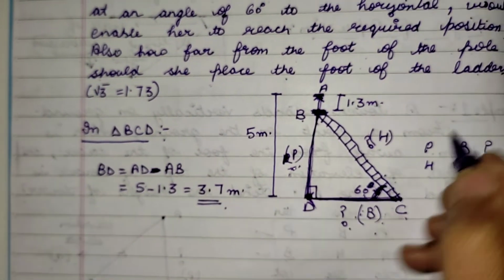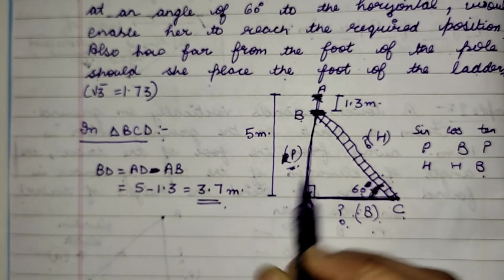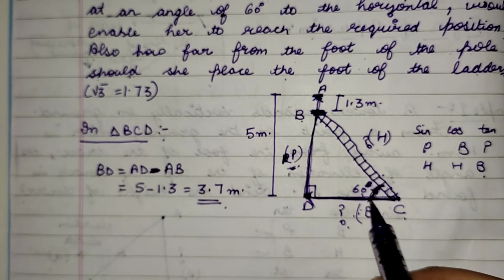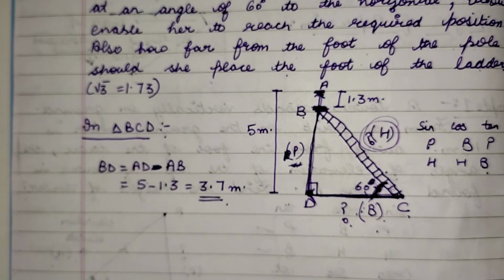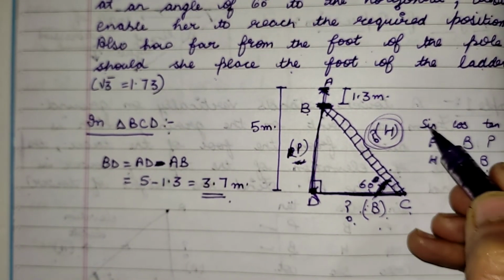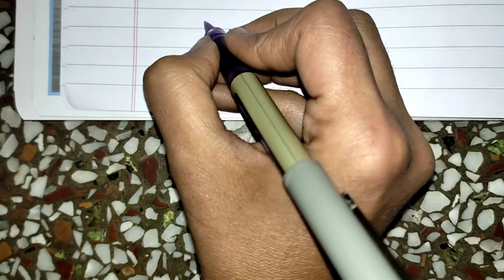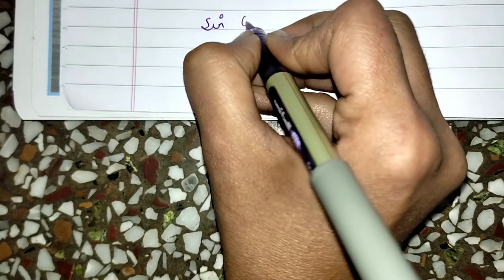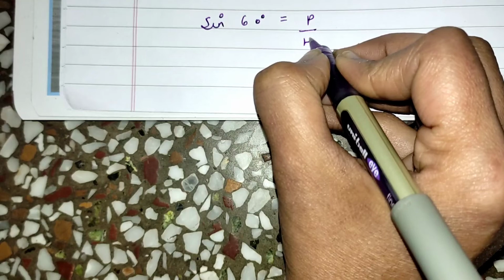Now which property can I use: sine, cos or tan? I have my angle and my perpendicular, and I have to find the hypotenuse. So which trigonometric ratio relates perpendicular and hypotenuse? Using sine 60 is equal to perpendicular by hypotenuse.